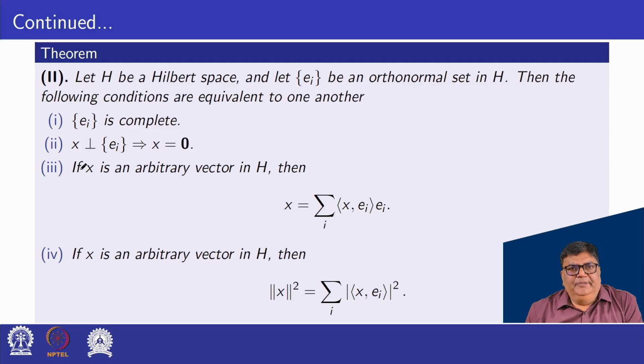Third, if x is an arbitrary vector in H, then x is equal to summation over i of inner product of x and Ei into Ei. Fourth, if x is an arbitrary vector in H, then norm of x square is equal to summation over i of the square of the modulus of inner product of x and Ei.